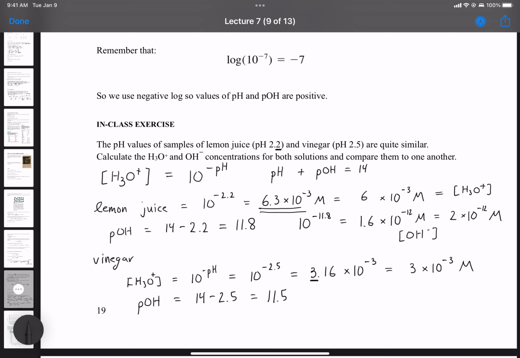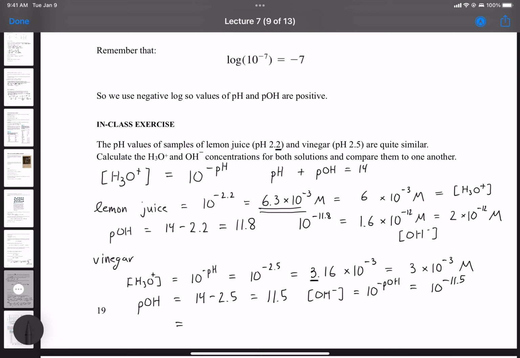Then OH minus equals 10 to the negative pOH, so this would equal 10 to the negative 11.5.